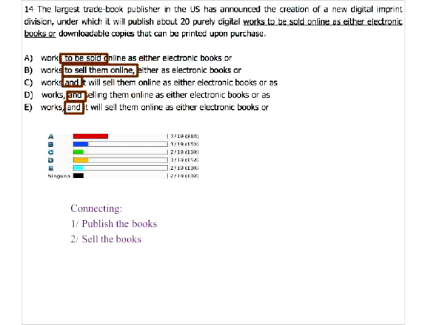So will it publish in order to sell? In other words, these are not independent. So you would want to use a modifier. Or are they going to publish and also sell? In other words, viewed as independent.